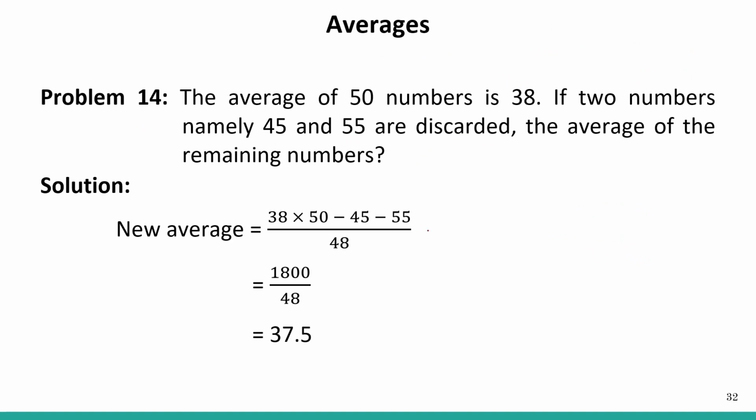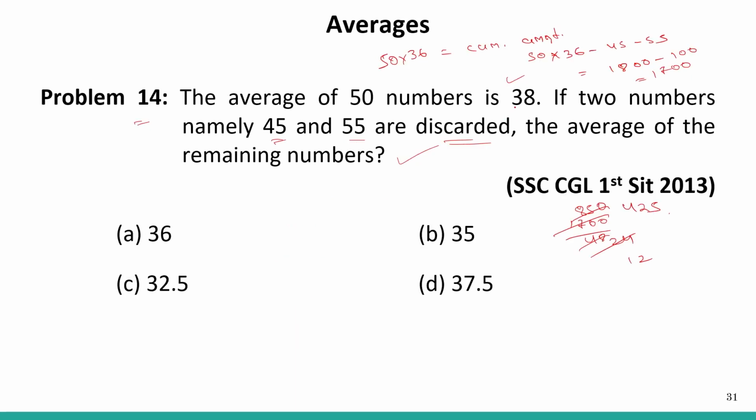So let's see. The average will be 1800 by 48. No, it won't be, was it 38? Oh, it was 38. So it will be 50 into 38. I have written 36 down here. So if it is 38, then this will be 1900. So it will be 1900 minus 100, which is 1800, and we'll have 1800 by 48.